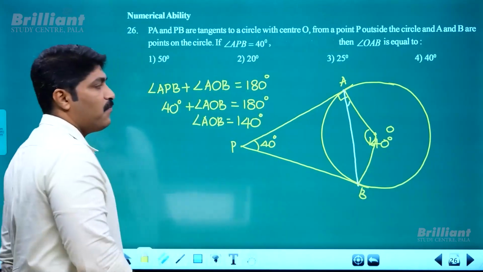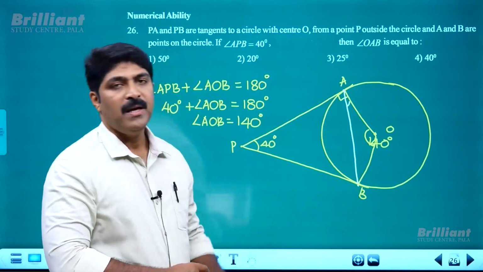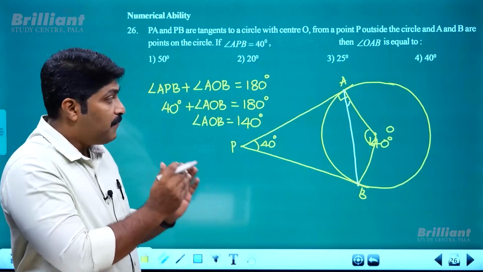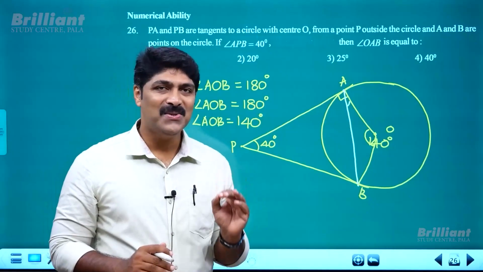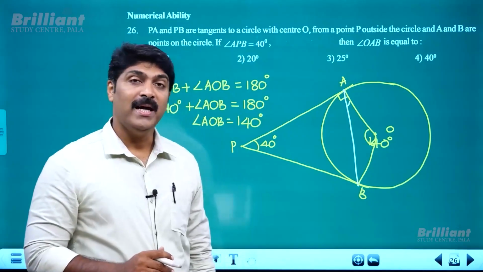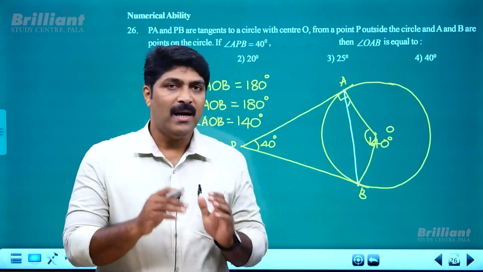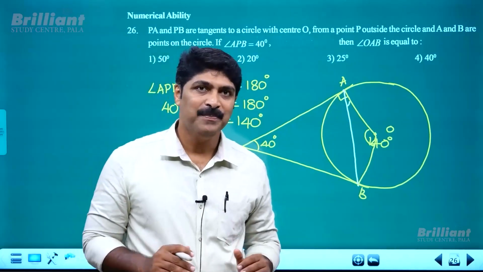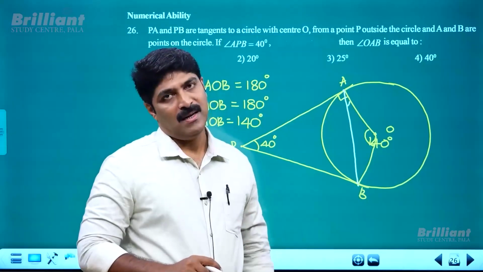If this angle is 140 degree, then consider the triangle AOB. Which type of triangle is triangle AOB? That is an isosceles triangle. Why? Here OA and OB are two sides of this triangle, and OA and OB are the radii of the same circle.